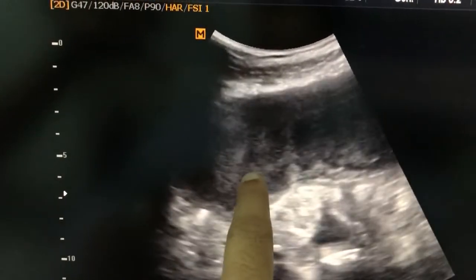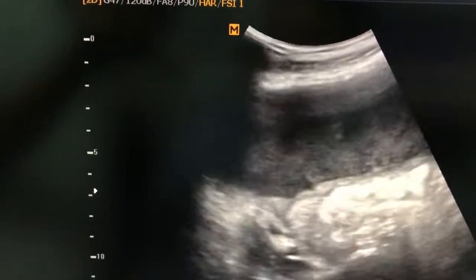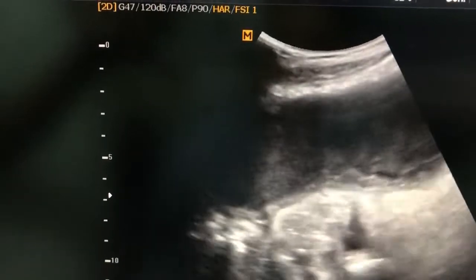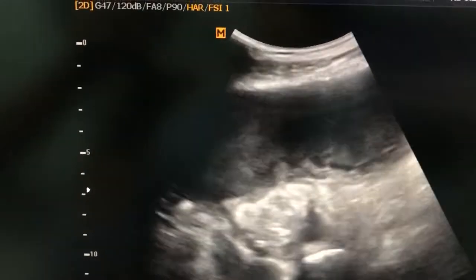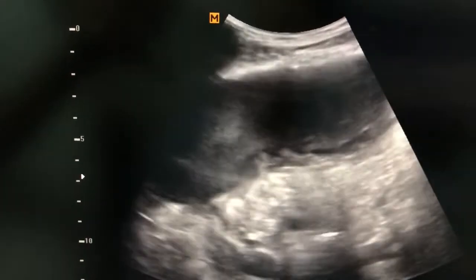And this is the fresh blood which is having echogenic texture, and the rest of the texture, the more it is hypoechoic or anechoic, it means that the blood is gradually liquefying.